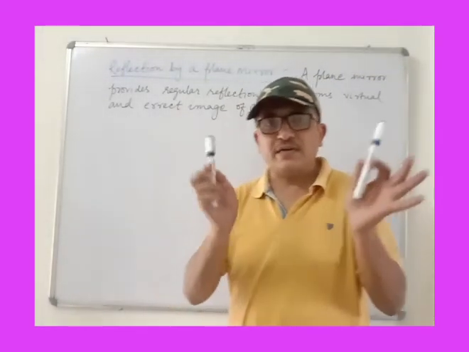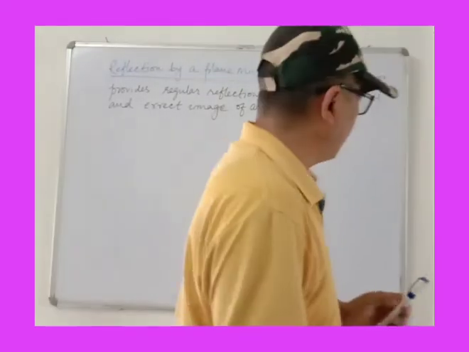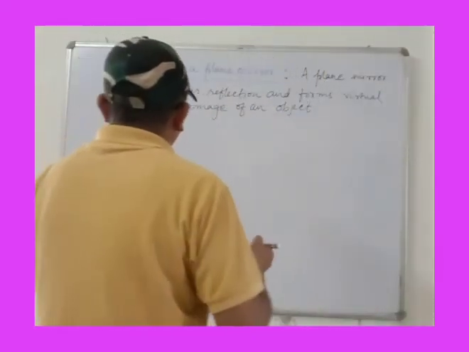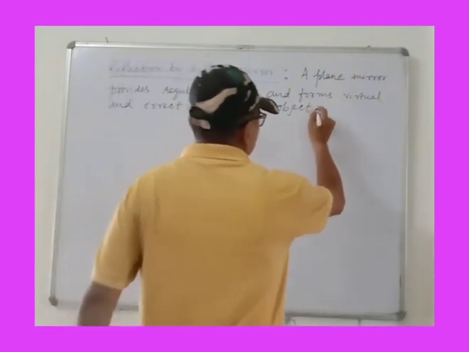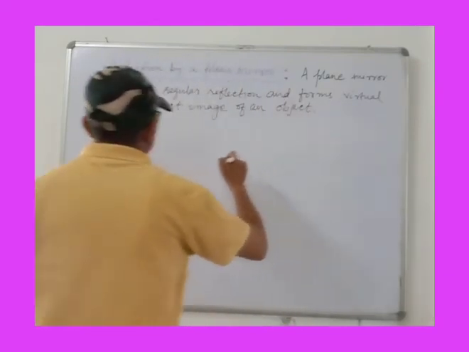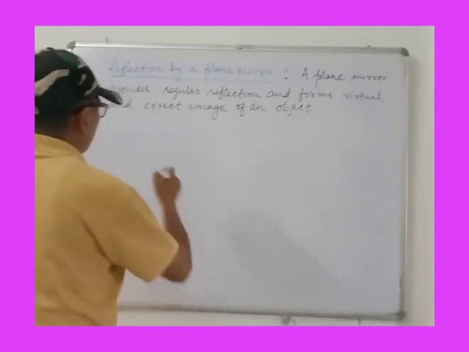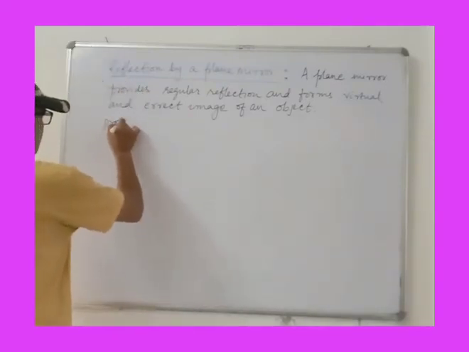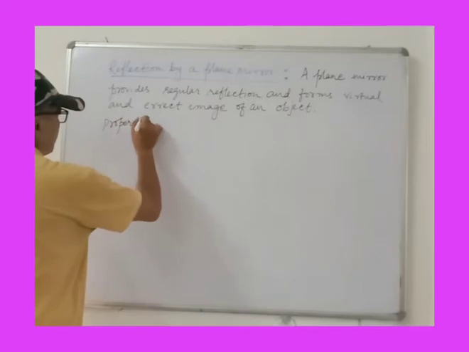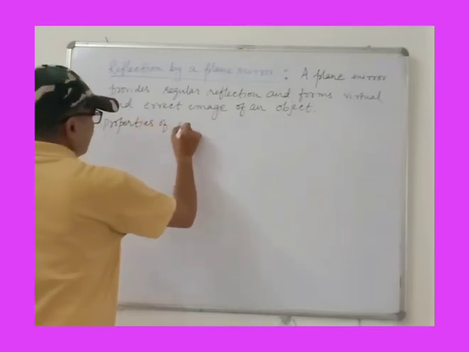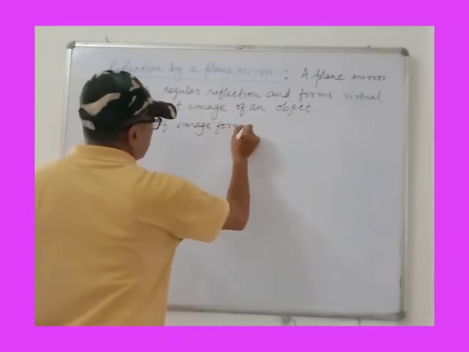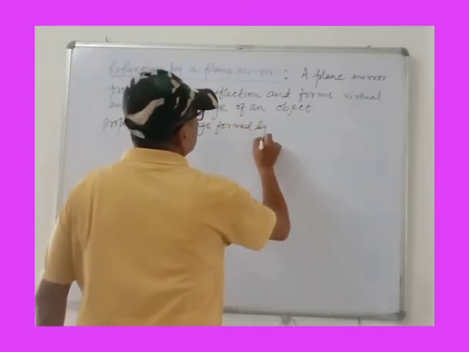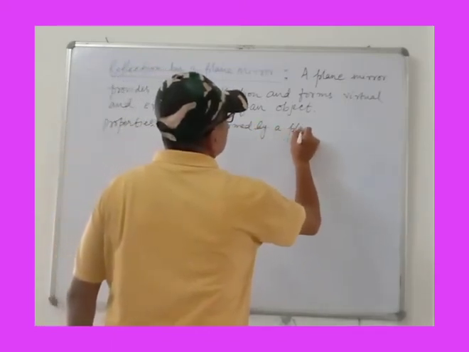Have you seen my pen demonstration? Okay. This is the property of plane mirror object. So now you write properties of image formed by a plane mirror.